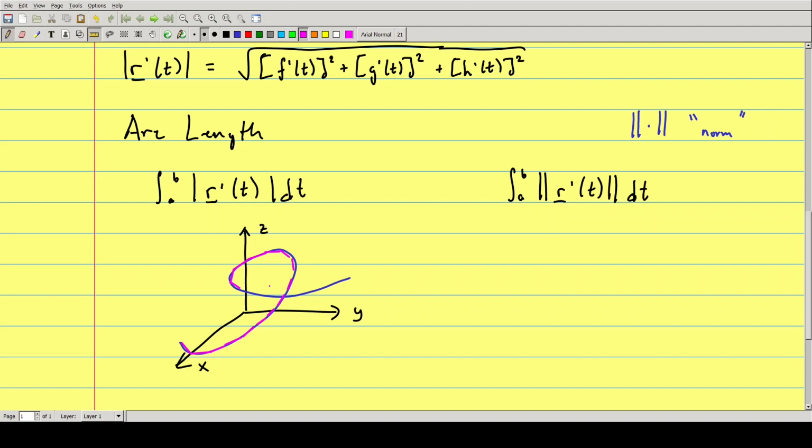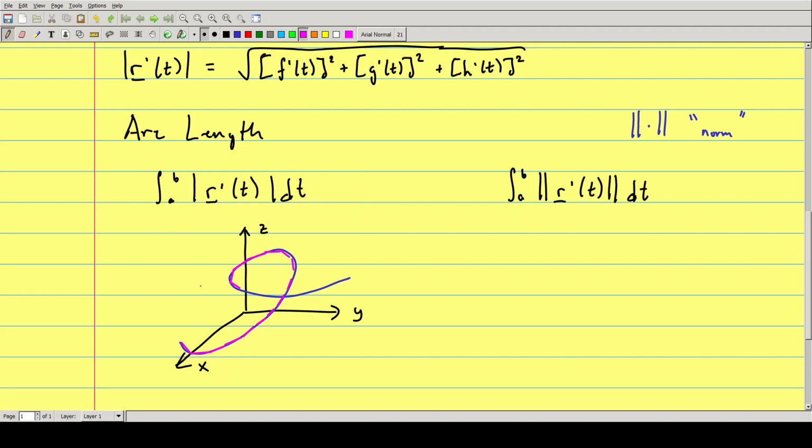Because we think about integrals as summations, we end up with more and more shorter line segments and take the limit as the number of line segments goes to infinity. Then that sum in the limit converges to the arc length. That is ultimately what this formula does.